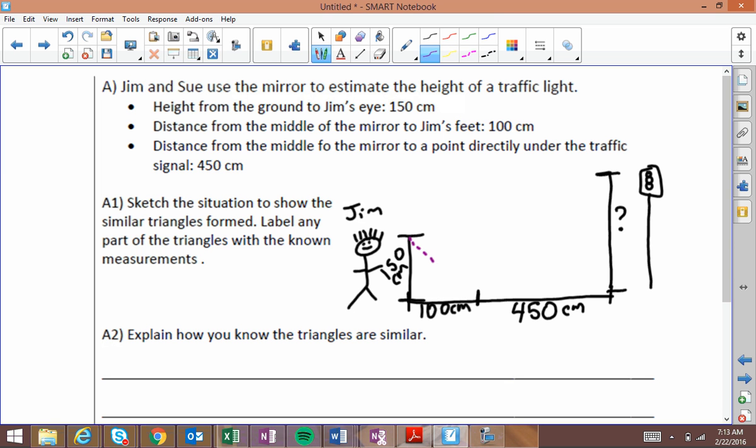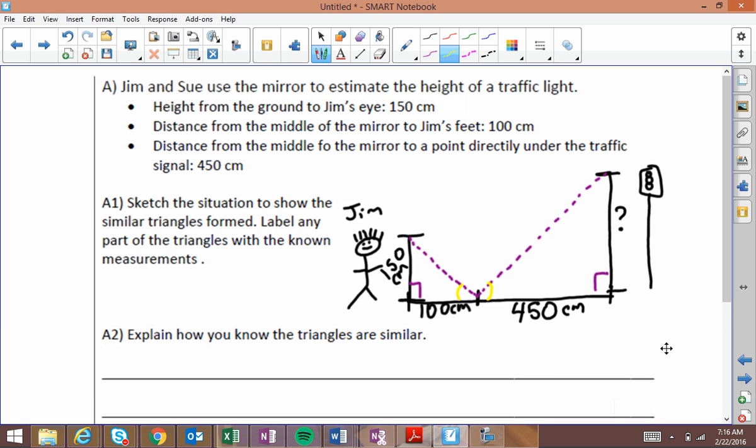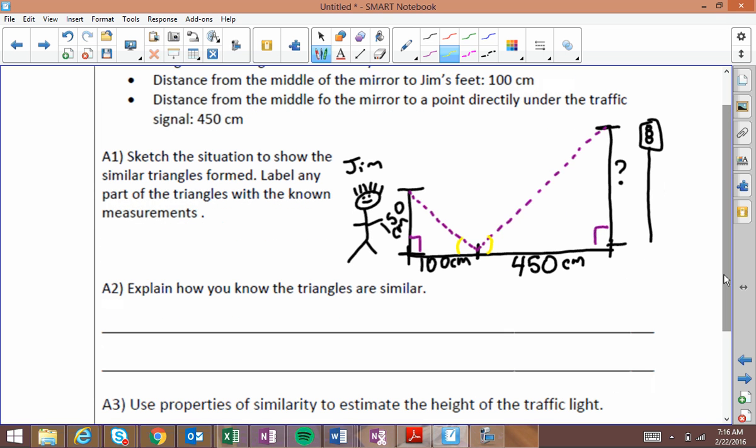Okay, again, we know these two triangles are similar because they're both right triangles, and the angle that reflects off of the mirror is the exact same. So we have two corresponding congruent angles, which automatically makes our third one the same.